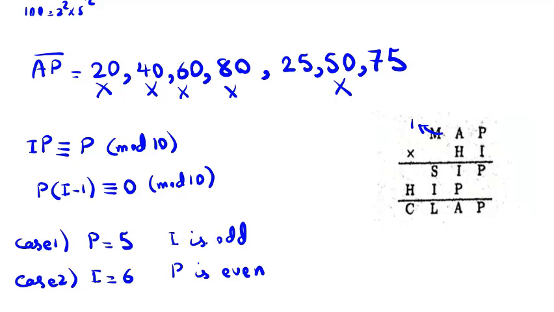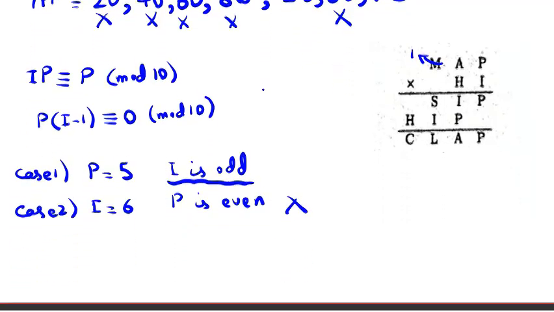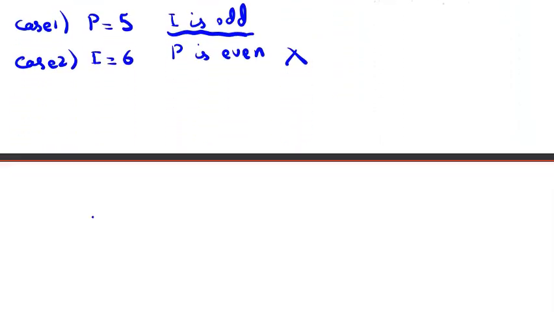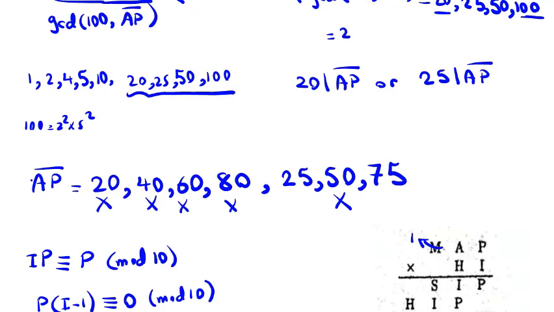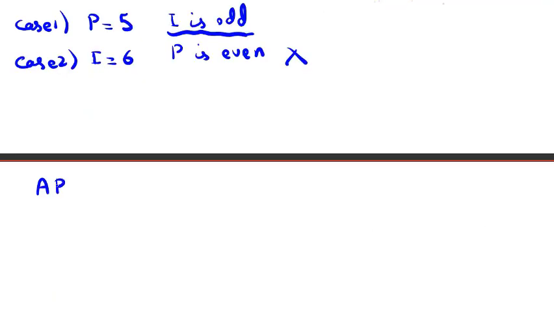P is 5, so I is odd, because in this case P is not even. P is 5, so we have this case, so I is odd, and this case will be bad. I is even, P is 5, 25, 75. So let's write them. AP, if you check, it is AP 25.